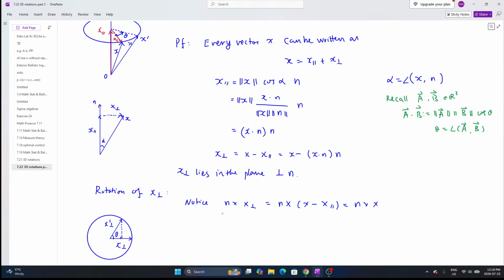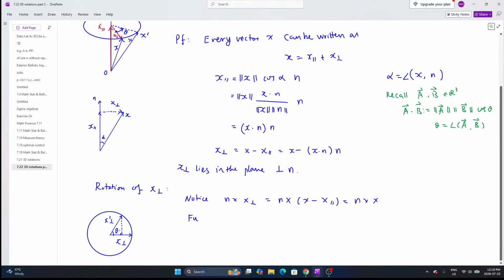And of course, by virtue of being a cross product, this cross product is also perpendicular to x perpendicular.